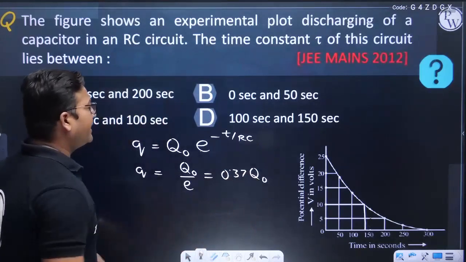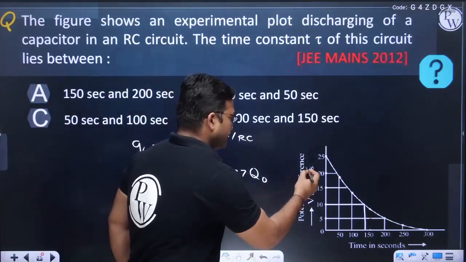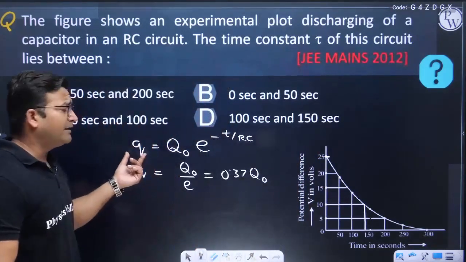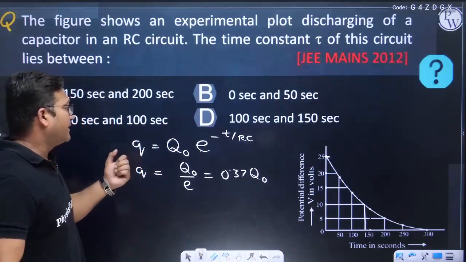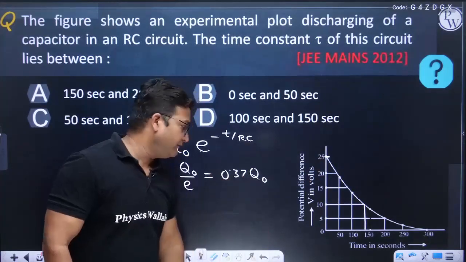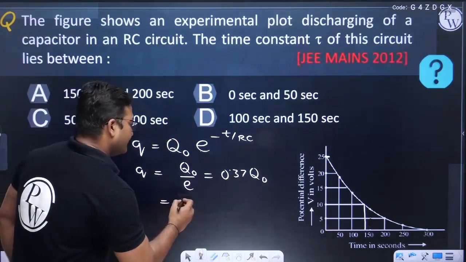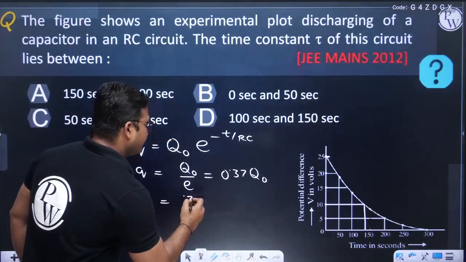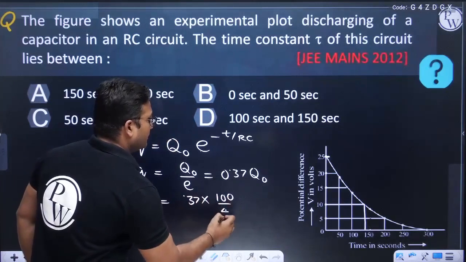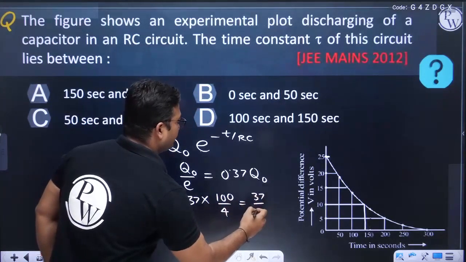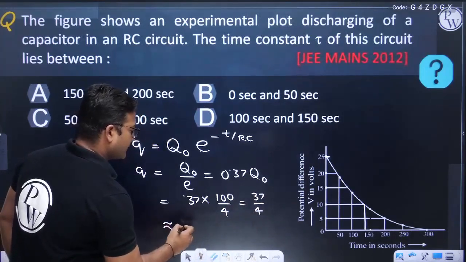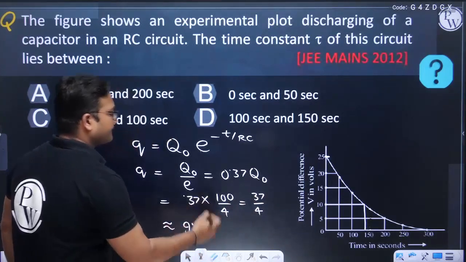Initially, as you can see, the initial value is 25. Q is symbolic, it can be voltage also, can be current also, it is just the initial value. So Q naught, the initial value, is 25. So we have nearly 0.37 multiplied by 25. 25 we can write as 100 by 4. So we have nearly 37 by 4, and 37 by 4 is nearly 9.25.